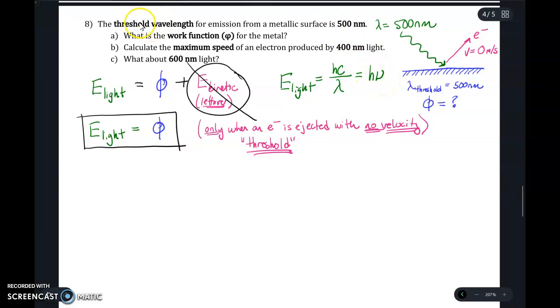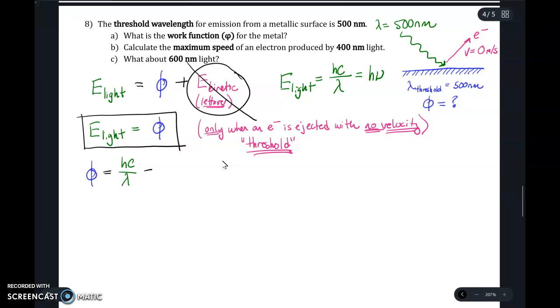So if this problem gave a threshold frequency instead of a threshold wavelength, then you would just use h nu to calculate the energy of the light. But since we're given a wavelength here for the threshold value, we're going to use hc over lambda to calculate the energy of the light. So that's going to take this equation that I boxed out in black here and change it slightly so that we can solve for our work function by just doing hc over lambda.